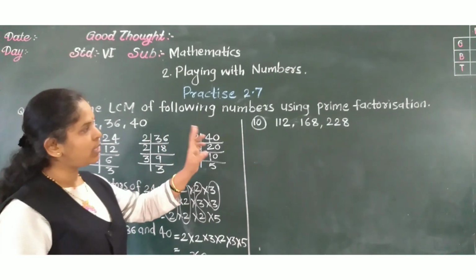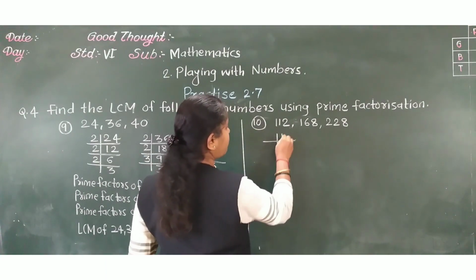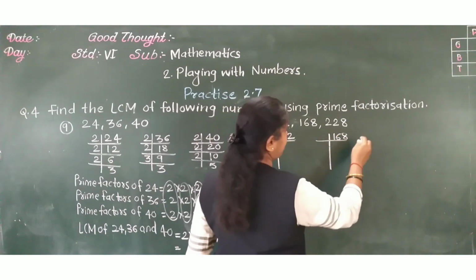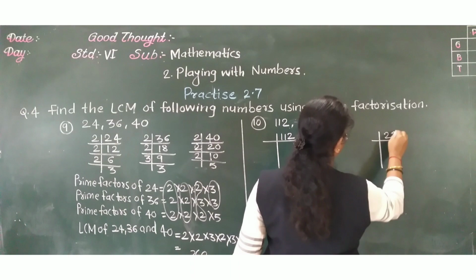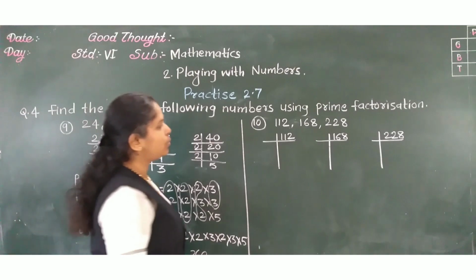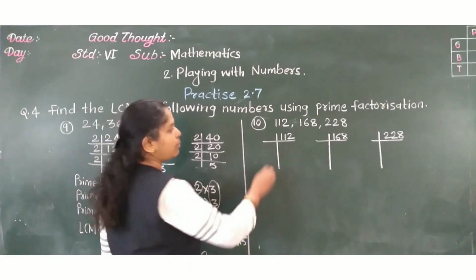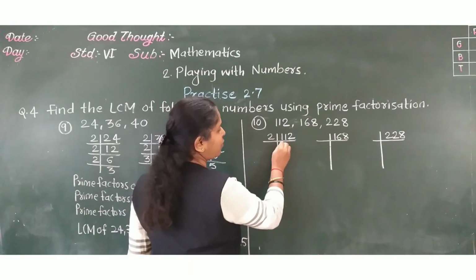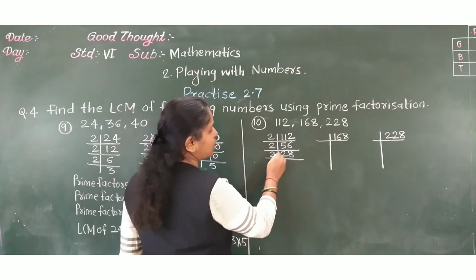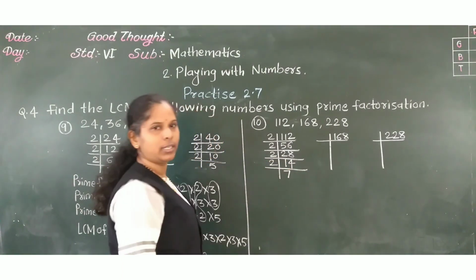Next, 112, 168 and 228. So we will find out its prime factors. Now see again, these three numbers are divisible by 2. As 2, 8 and 8 is there at its units place, we can divide by 2. 2 5s are 10, 2 6s are 12. 2 2s are 4, 2 8s are 16. 2 1s are 2, 2 4s are 8 and 2 7s are 14.